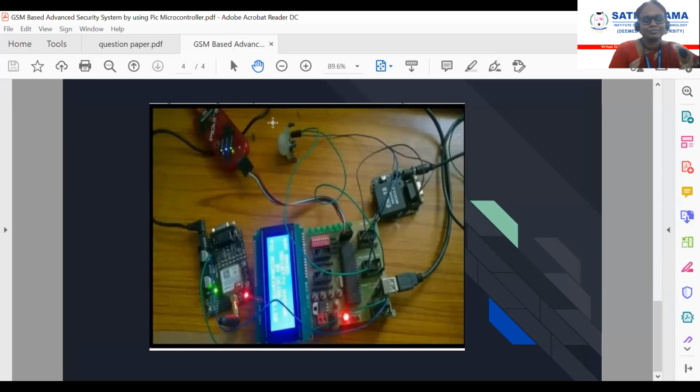If the RFID card data matches, the LCD will display enter secret code. Once the secret code is correct, the gate will open. If it's not correct, the GSM module will be activated and a call or SMS will go to headquarters.